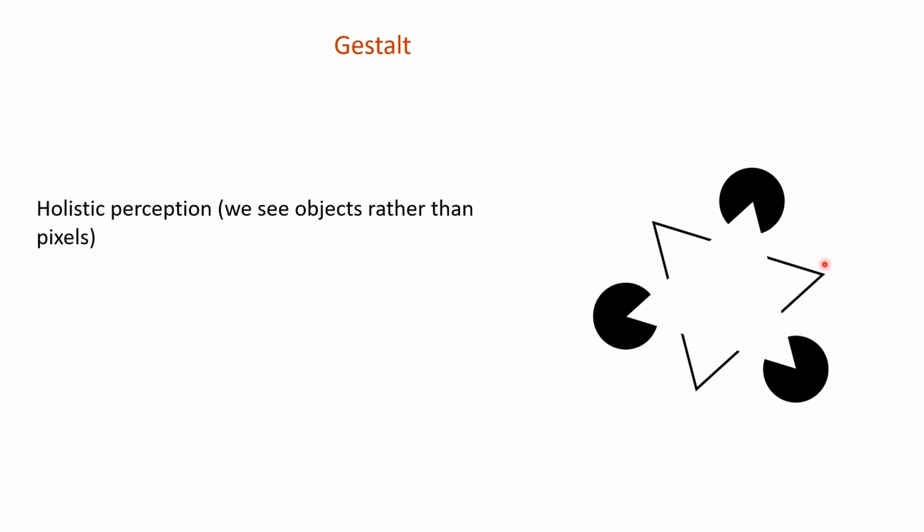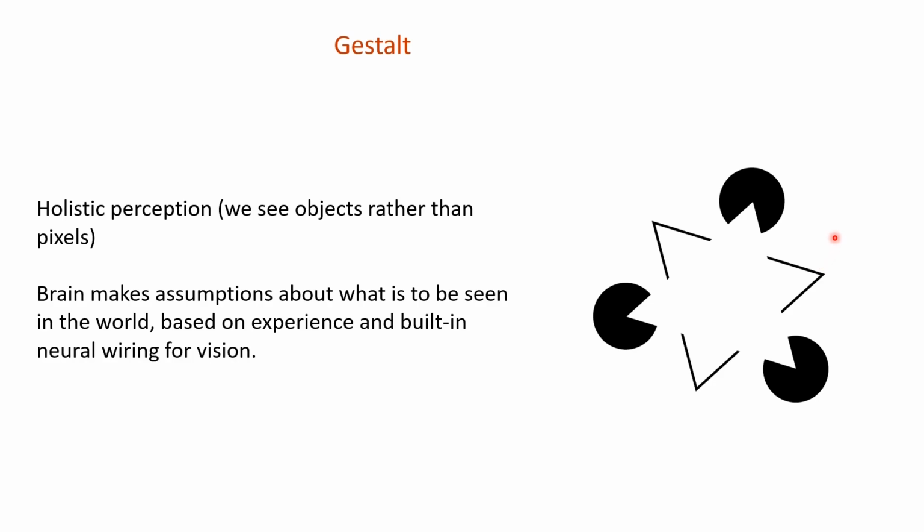So the perception of two large triangles is actually a creation of our brain. And this happens because the brain interprets the images based on assumptions about what it expects in the world. These expectations have been set based on our prior experiences and also based on our evolutionary history over millions of generations that has gotten encoded in our neural wiring through our DNA.